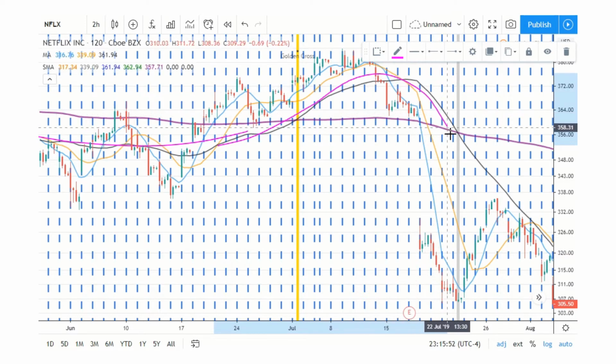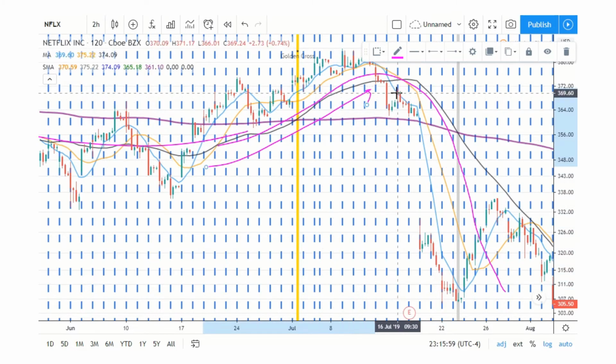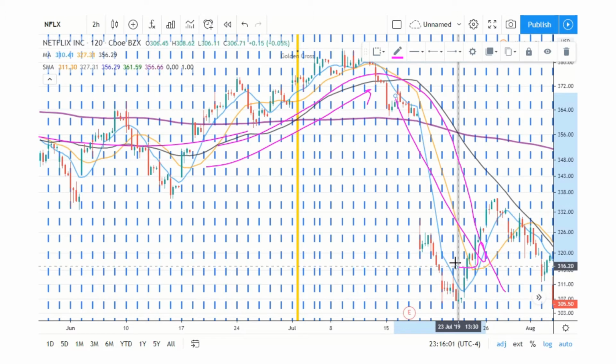Goes back down below the 200, takes the stock with it. So up and then down. Basically what the 50 period moving average is doing is dictating to you, showing you where the stock is going. Watch where it crosses the 200 moving period average. That's where the stock follows.